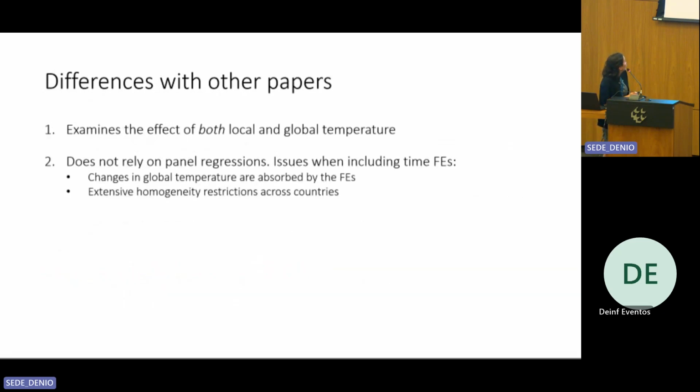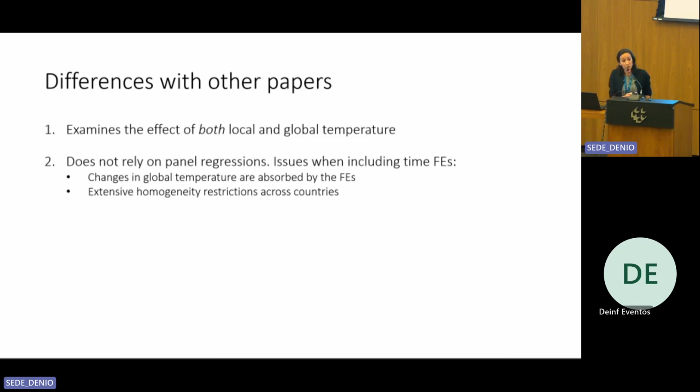And so how is this paper different from these other studies? First, this paper examines the effect of both local and global temperature. As Chad said, most research so far has focused only on movements in local temperature. So this is a really nice contribution of this paper. The second contribution is on the empirical approach to analyze this question.